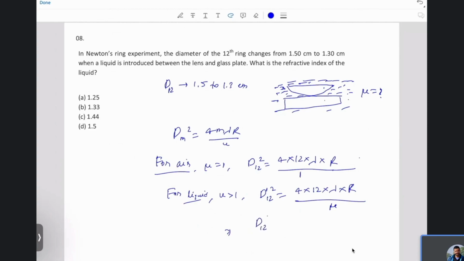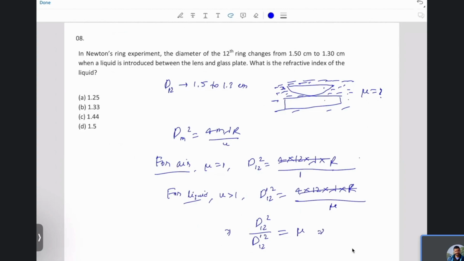So if we divide these two equations, we'll get an expression, D prime square, and everything will get cancelled, correct? You will get it equal to mu only.